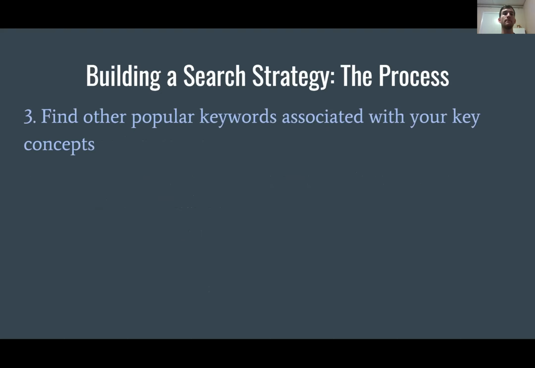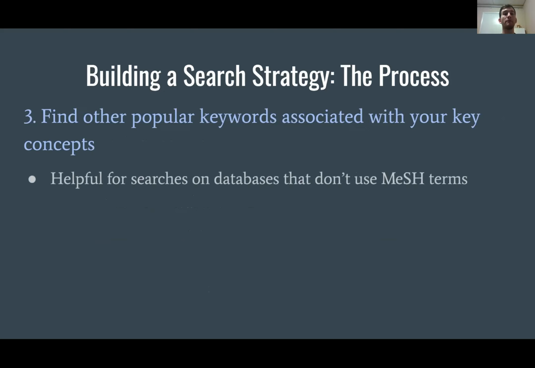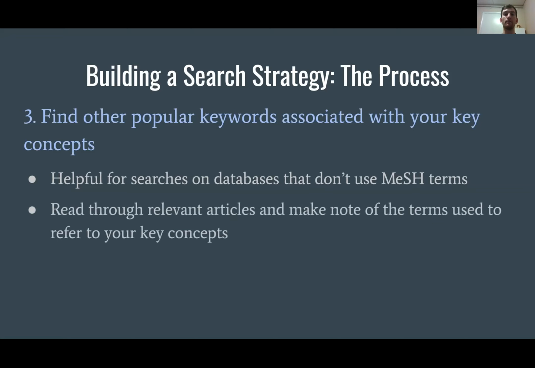So step 3, after we've looked for our MeSH terms, is to look for other popular keywords associated with our key concepts. This is going to be helpful for searches on databases that don't use MeSH terms, particularly Embase and Medline. A lot of databases aside from PubMed won't recognize MeSH terms, so you can't really use them for searches on those databases.